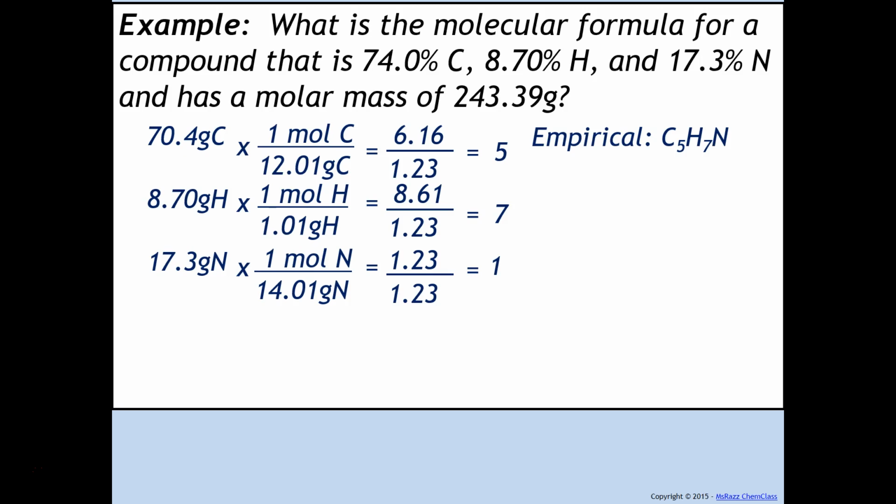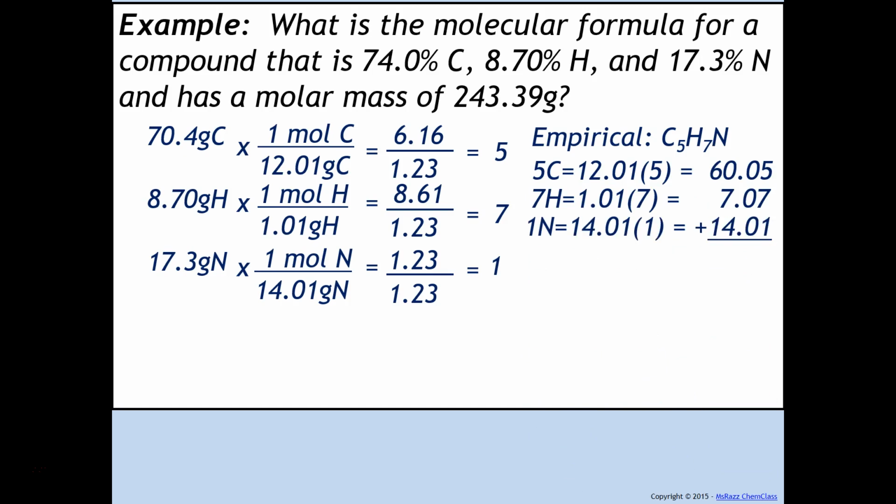But this question wants the molecular formula. What we said we have to do is divide the molecular formula molar mass by the empirical formula molar mass. The reason we're doing that is because we know that the molecular formula has to be some factor of the empirical formula. So I'll calculate the molar masses.